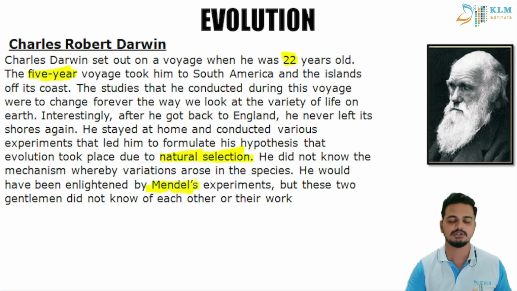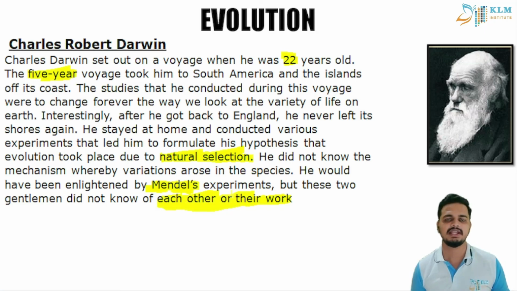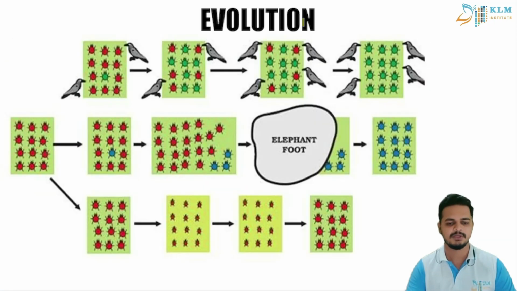He did not know the laws of inheritance, but these two gentlemen did not know of each other or their work, because they were busy with their own hypotheses. But it was a boon for us, because we get to understand both of these hypotheses and generate an evolutionary theory. And it was very revolutionary to both genetics and evolution that these figures have done their part.